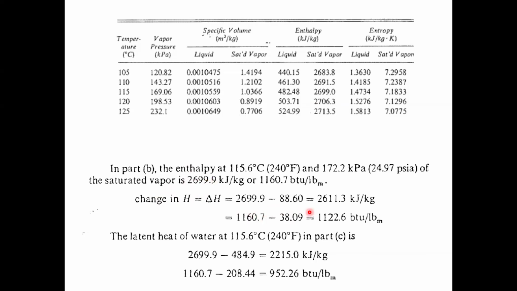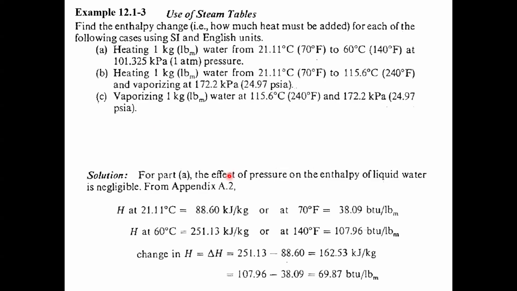The difference between those two numbers provides the answer, the energy to change water from a liquid at 21.11 to a vapor at 115.6. This is changing from a liquid state to a vapor state.